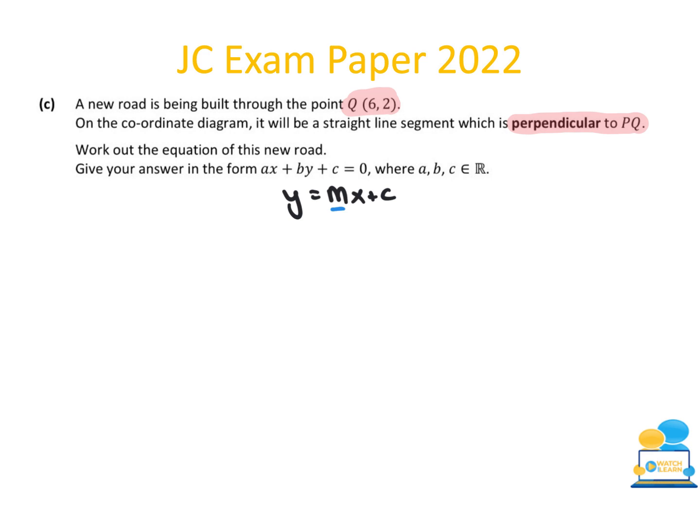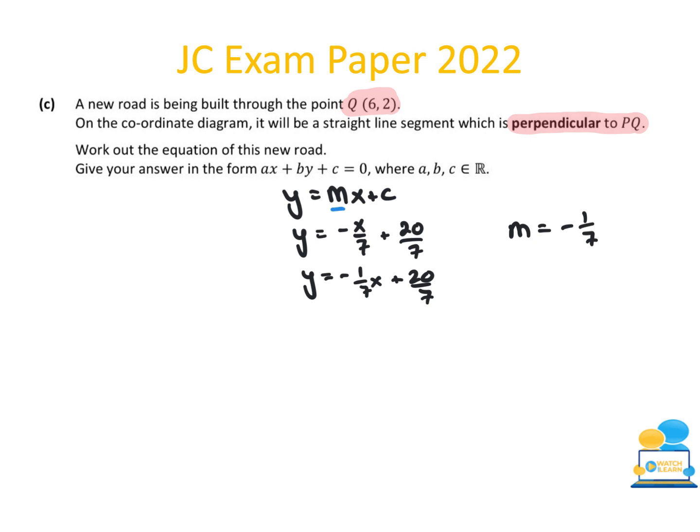So rewriting that equation of the line from part B, it was y equals minus x over 7 plus 20 over 7. So what is my value for m in this equation of the line? Well, we can rewrite minus x over 7 as minus 1 over 7x plus 20 over 7. That indicates that m is equal to minus 1 over 7.